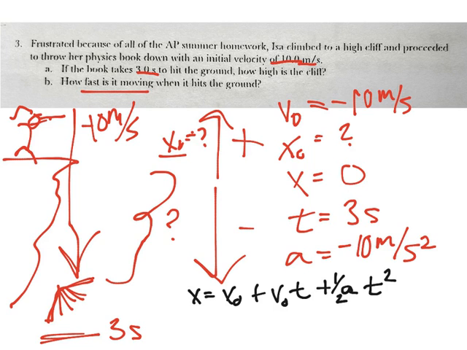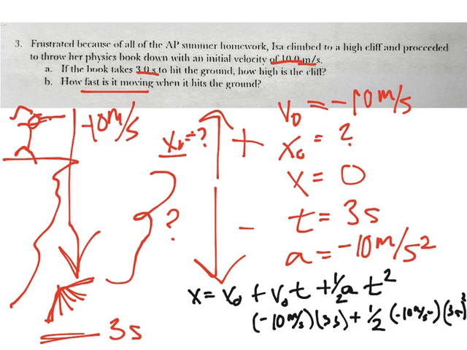So your V naught is a negative 10 meters per second times time, which is 3 seconds, plus 1/2 times our negative 10 meters per second squared, times our 3 seconds squared.